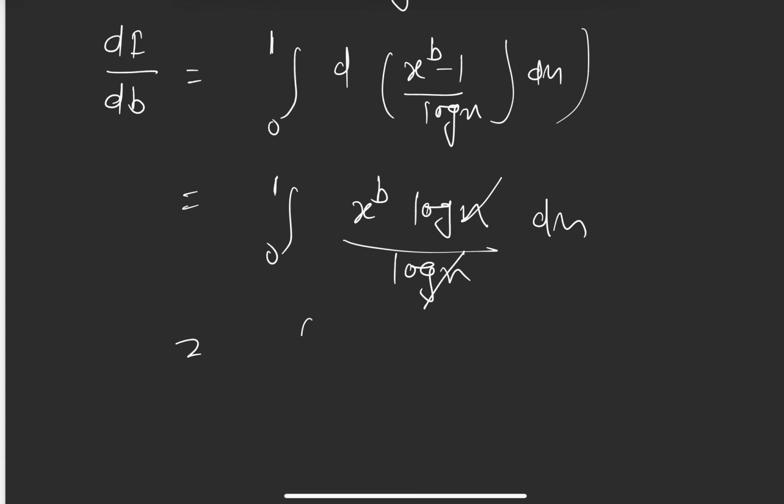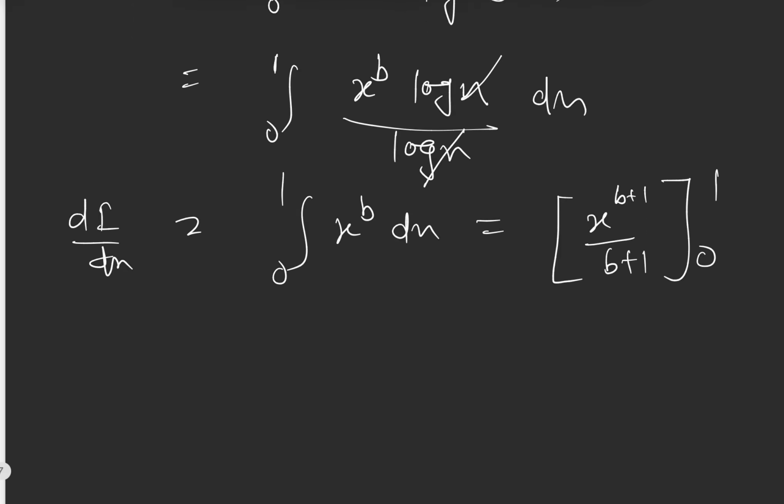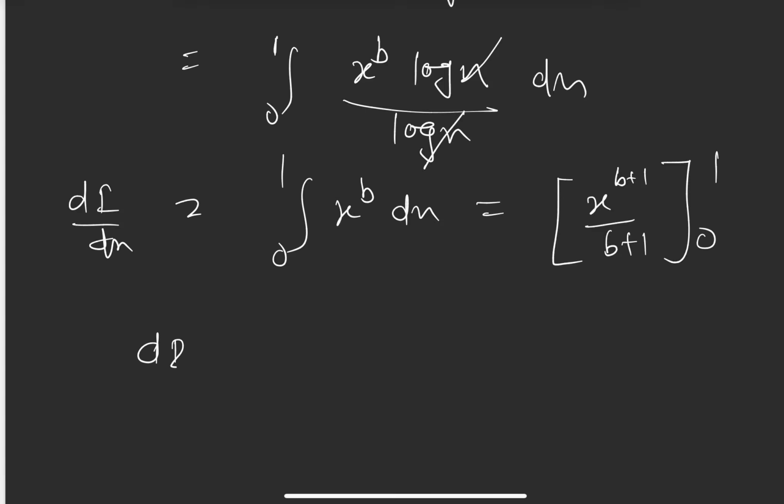So from 0 to 1, x power b dx gives dI by db. And what is the integration of x power b dx? It is x power b plus 1 by b plus 1, from 0 to 1, which is 1 by b plus 1. So dI equals 1 by b plus 1 db.